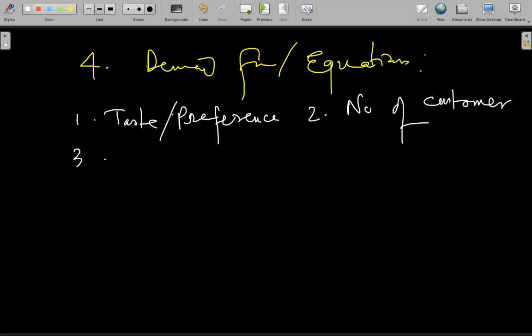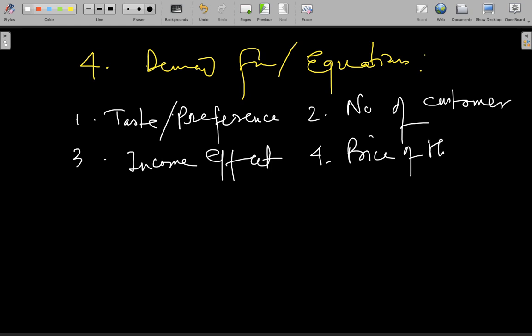Then we'll have the income effect. There are different ways we can have an income effect, but I'll not discuss it here. Then we have the price of substitutes. Again, I'll not explain it in detail, but we know the price of substitutes causes the demand curve to shift.